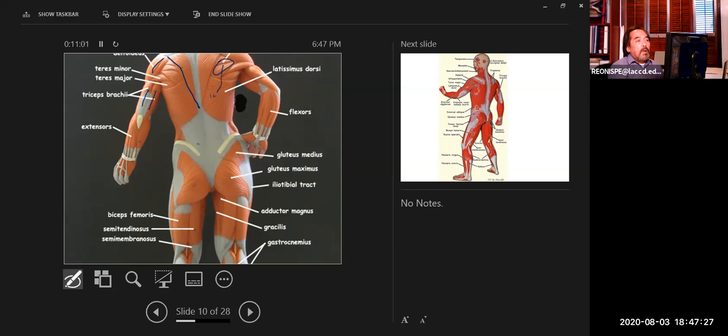Supraspinatus, you won't be able to actually see it here, because the deltoid is here. And then the muscle that is actually below the infraspinatus is the teres minor. So the teres minor is here, and the teres major is here. And remember, the long head of the triceps brachii enters between the two.